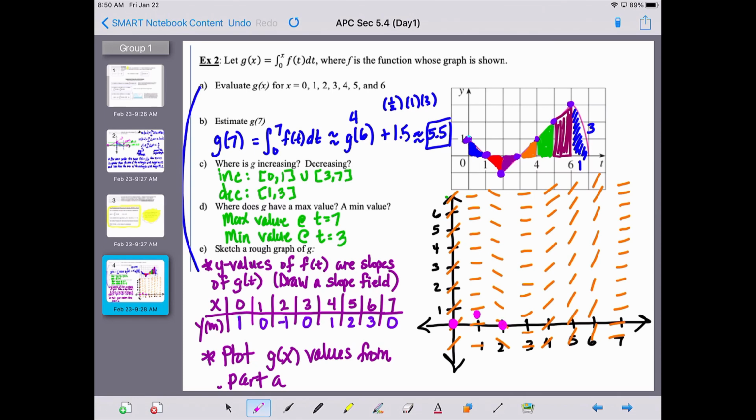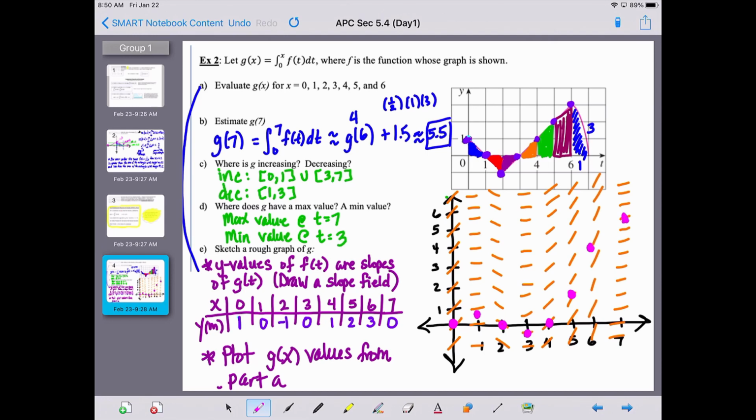G of 3 was -1/2. G of 4 was 0. G of 5 was 1 1/2. G of 6 was 4. And we approximated G of 7 to be about 5.5.